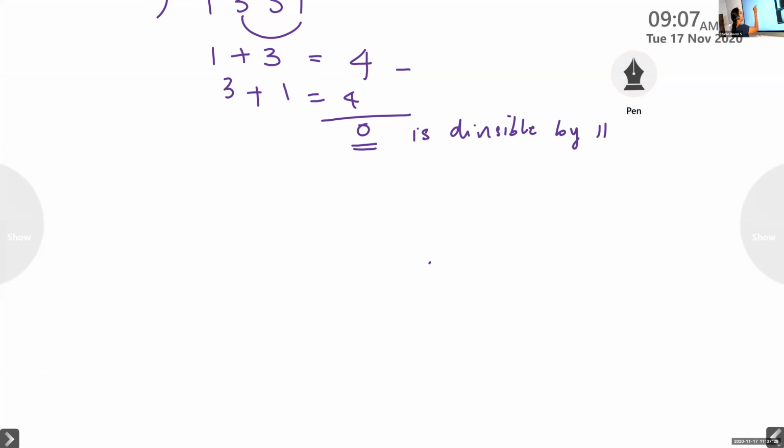Okay, children. So divisibility by 11. Rule.